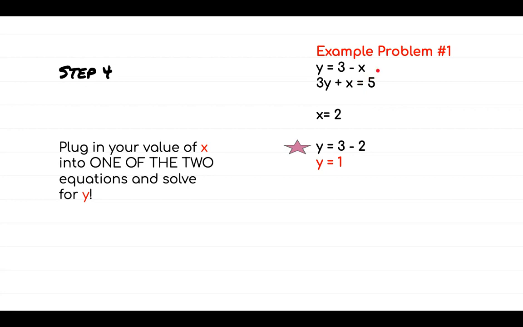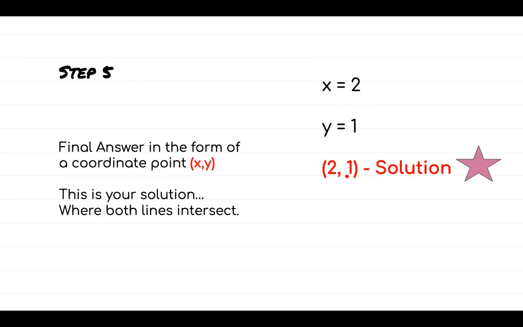In this case, I chose the first equation. It's a one-step equation, not a multi-step equation. So y equals 3 minus 2. Again, I replace my x with 2. y equals 1. 3 minus 2 is 1. I got my value for y.